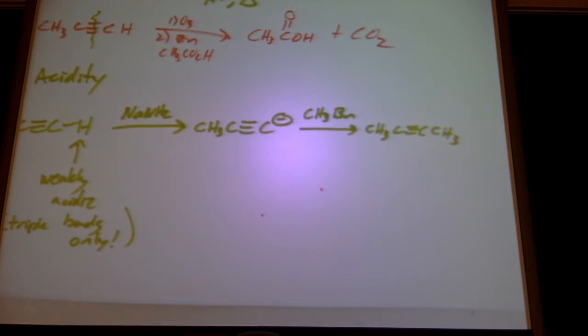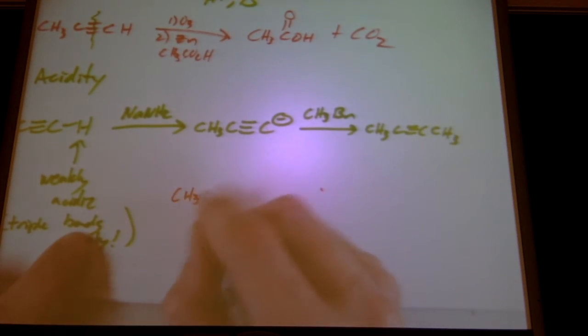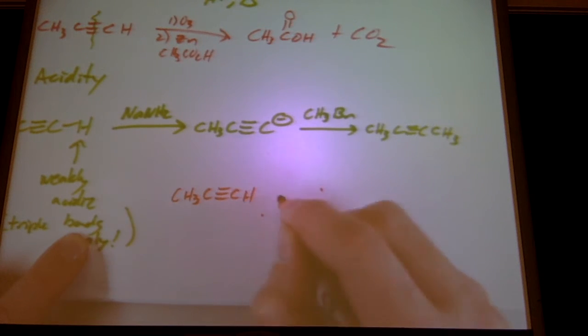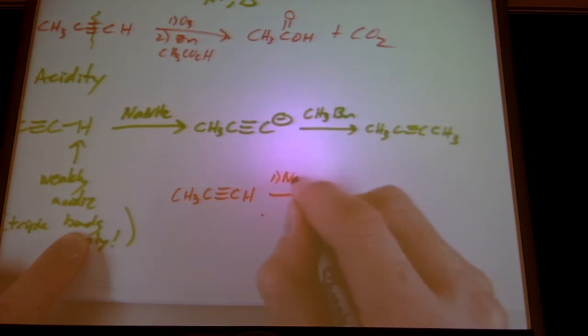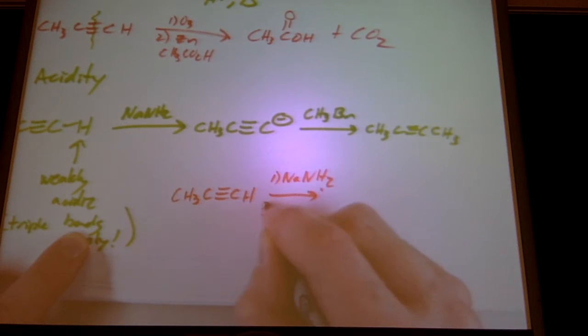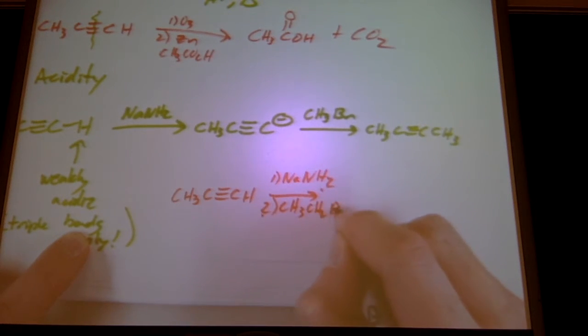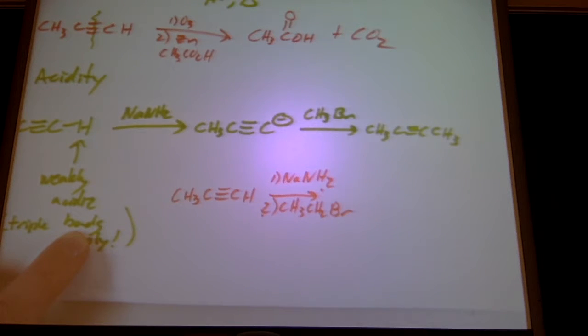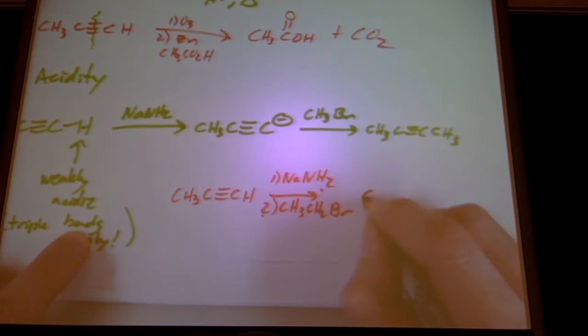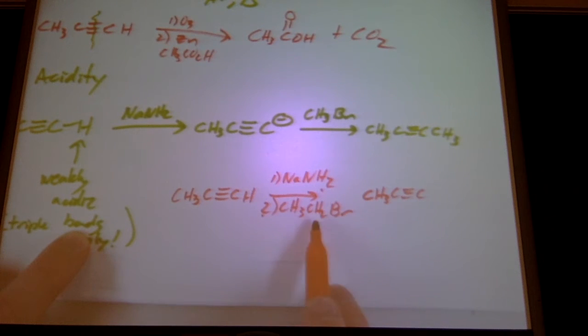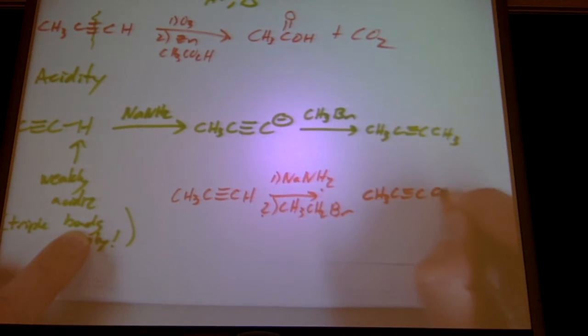So overall, what you would see, usually it's just those written in different steps. NaNH2 followed by, let's make it a little different this time, an ethyl group. So my NH2 makes an acetylide ion. So I end up seeing whatever's attached to my halogen now attached to the end of my triple bond.